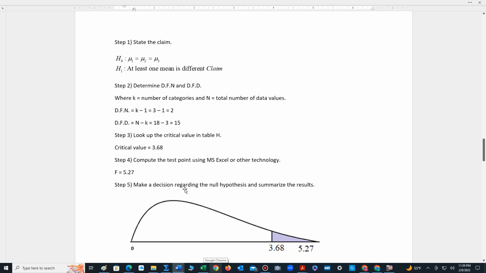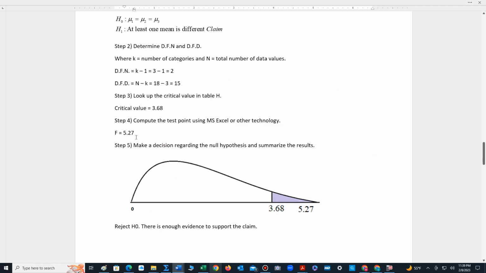And then to calculate the test point, there is a formula or a couple of formulas you can use. My recommendation is to use either MS Excel or some other technology like a TI calculator, a graphing calculator that is. So I'm going to show you how to easily calculate this test point using Microsoft Excel.